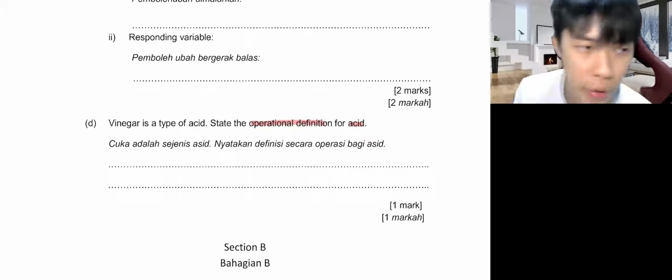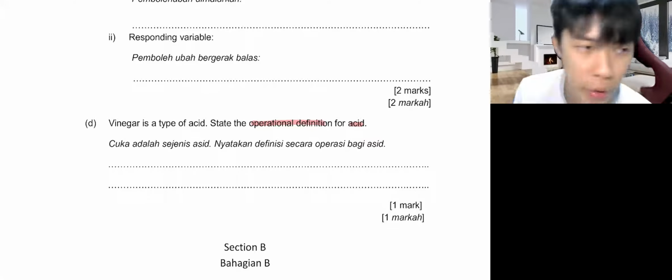Operational definition, your responding is this one. What is acid? Acid is something that coagulates the latex. Imagine the 5-year-old kid come and ask you, what is acid? Answer me. Then you, okay, acid is a substance that increases the concentration of hydrogen ion when it dissolves in water.